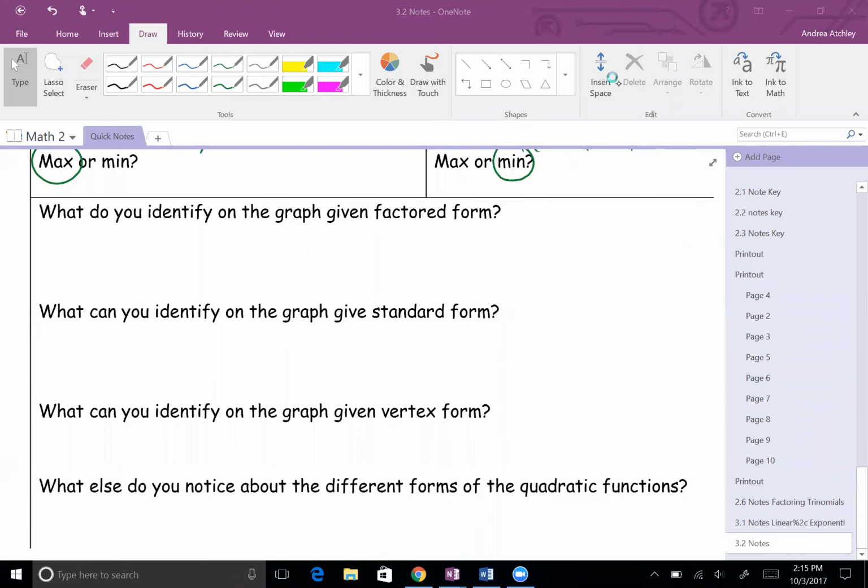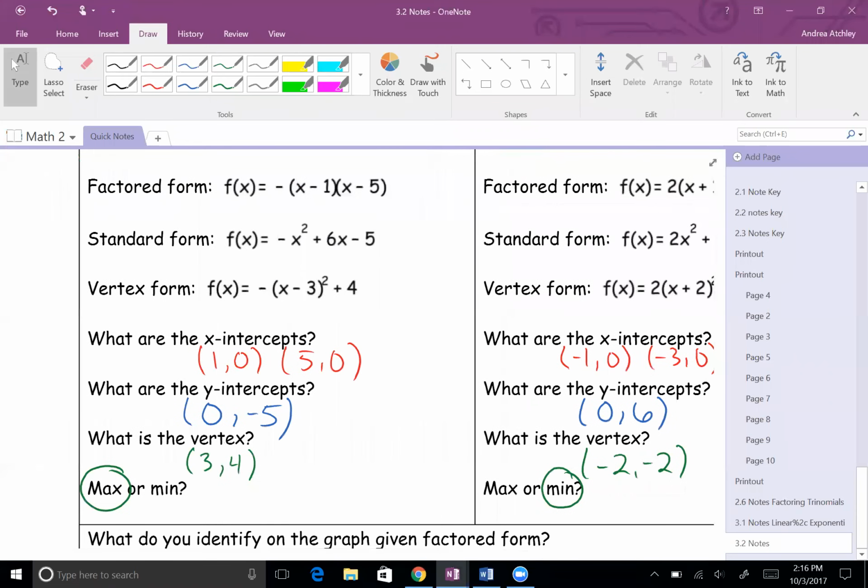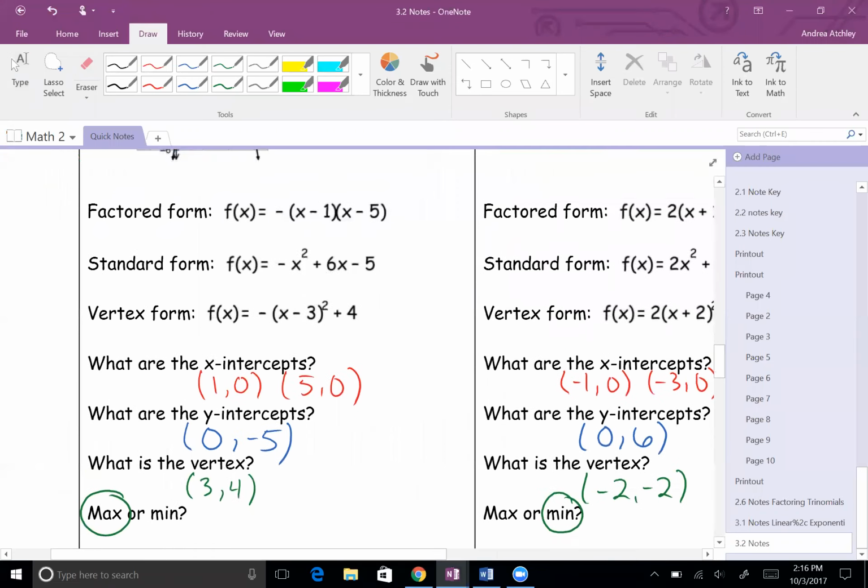Okay, did anyone figure out what we could identify on the graph given the factored form? Nobody found anything they could identify? Key features in factored form. Sebastian? I don't know. Well, yes, I said like the coordinates. Of what?